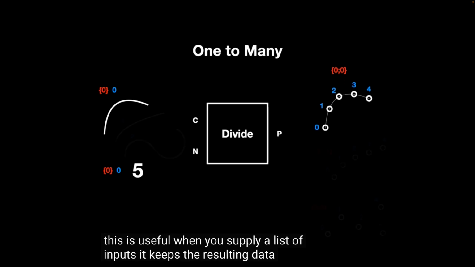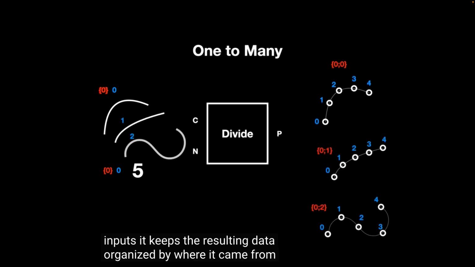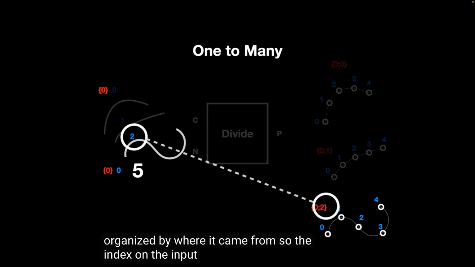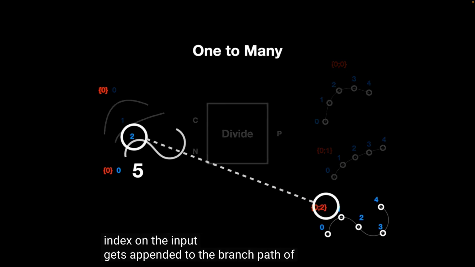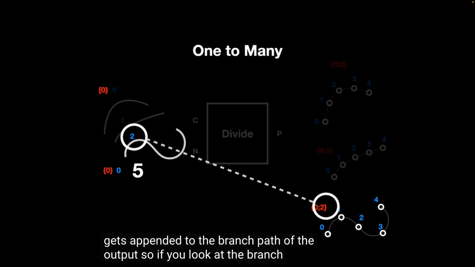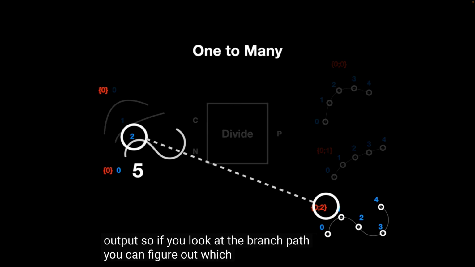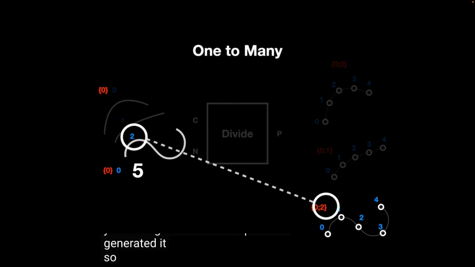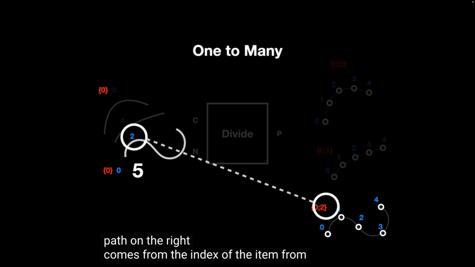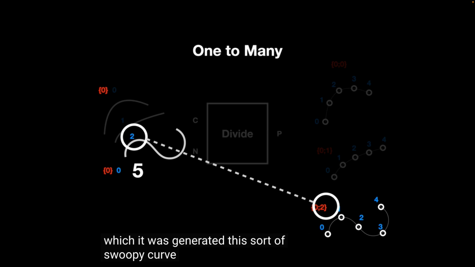It keeps the resulting data organized by where it came from. So the index on the input gets appended to the branch path of the output. If you look at the branch path, you can figure out which input item generated it. So this 2 at the end of the red branch path on the right comes from the index of the item from which it was generated, this sort of swoopy curve.